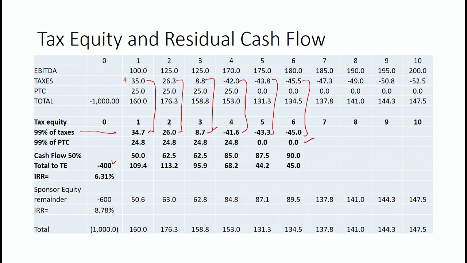Down here they get 50% of the equity flows, and the equity cash flows is the EBITDA. So they get 50% of the EBITDA, and this is this. Their total cash flows: they invest $400 million, and these are the cash flows that they receive. What they wind up with is an IRR on their investment of 6.31.